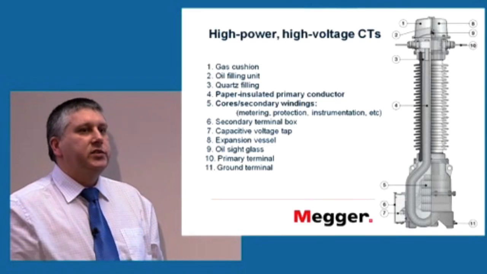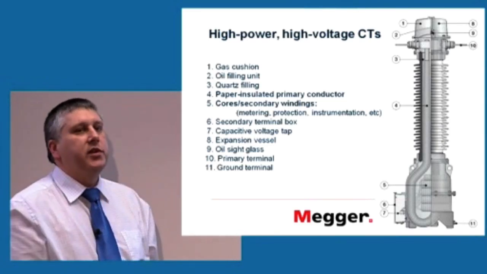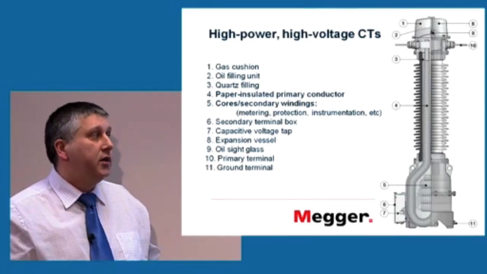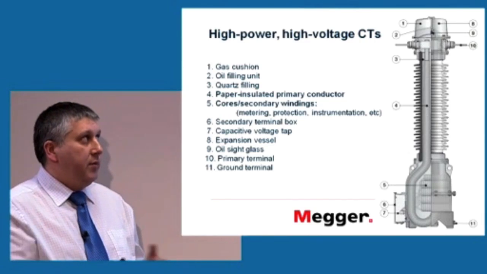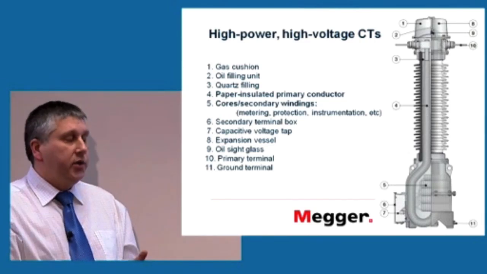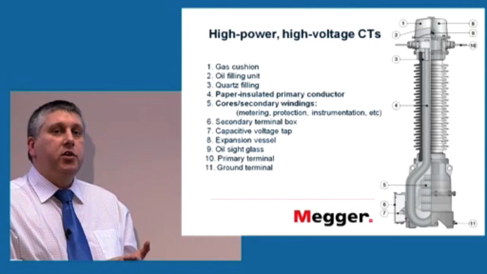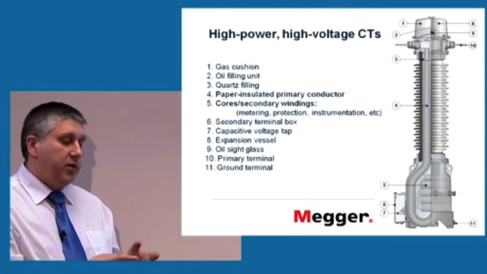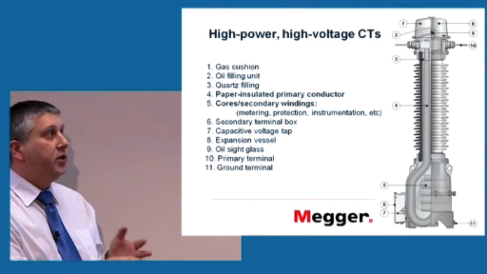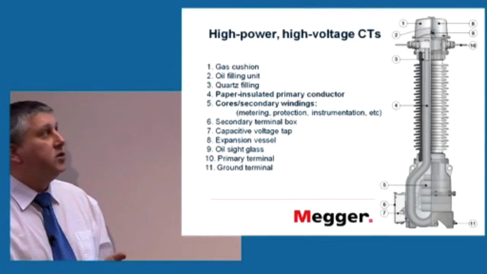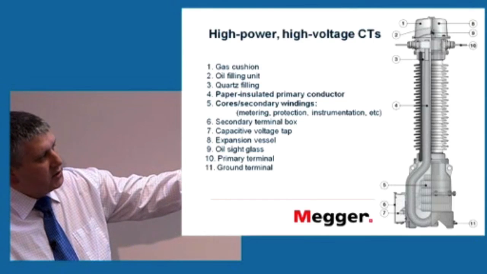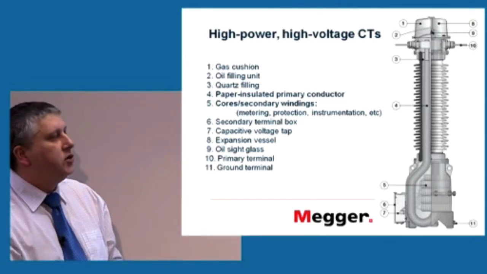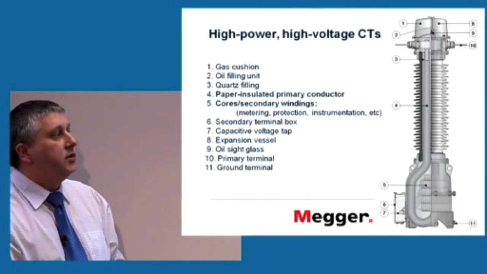Because this device is very expensive, because the insulation is very expensive and it is usually oil filled, in such a current transformer you would usually see a number of magnetic cores sitting inside. Some of them would be for metering, some for protection, some for other instrumentation. You can see that there are, in this case, 5 cores sitting there, each of them designed to do something else.